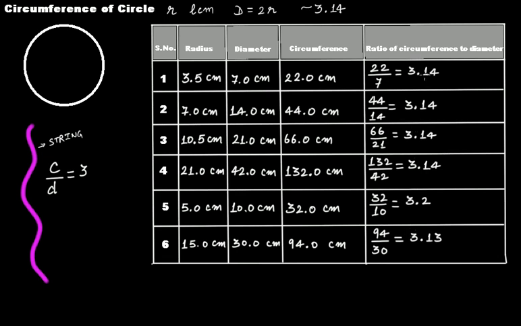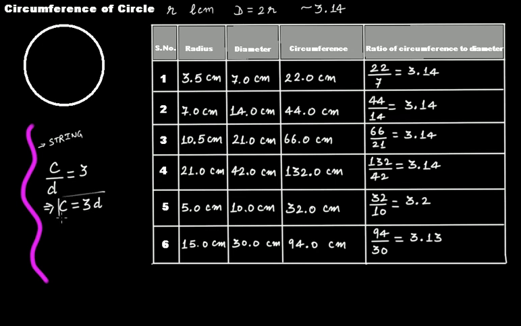For a moment, just ignore the numbers after the decimal point. So C over d is equal to 3, which means the circumference is coming as 3 times d. It's approximately, since we are ignoring these values, but it's for sure that it is around 3 times the diameter.